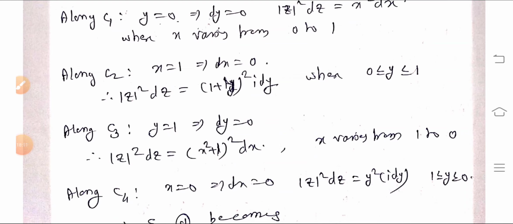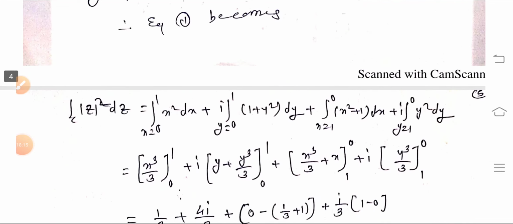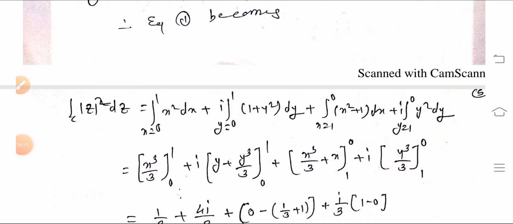Therefore, substituting all these values in equation 1, we get the integral over C of mod z square dz equal to the integral over x equal to 0 to 1 of x square dx plus i into the integral over y equal to 0 to 1 of 1 plus y square dy plus the integral over x equal to 1 to 0 of x square plus 1 dx plus i into the integral over y equal to 1 to 0 of y square dy.